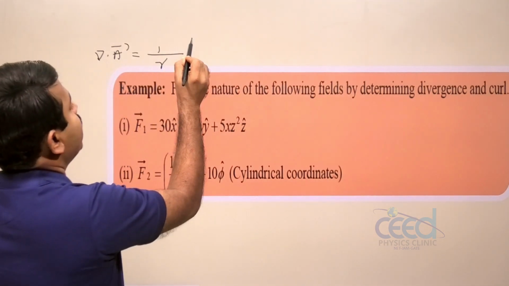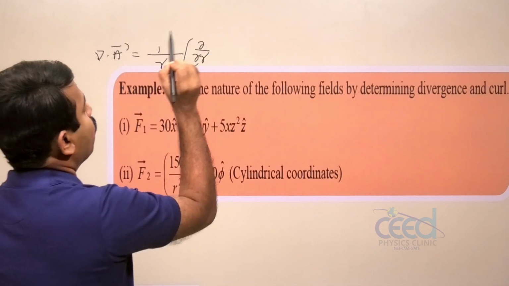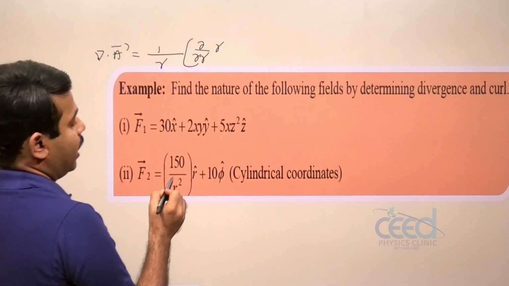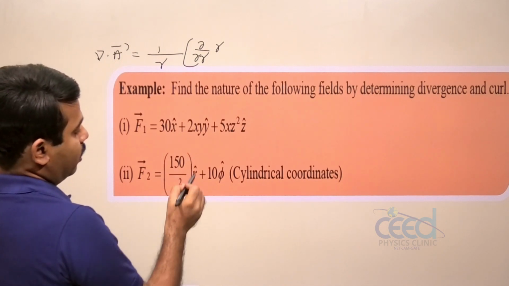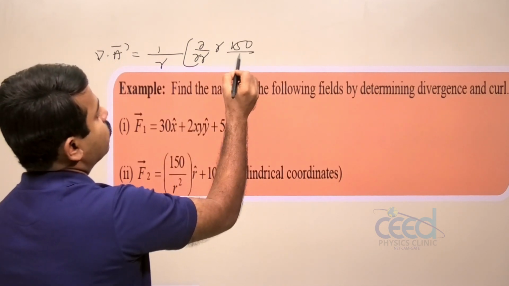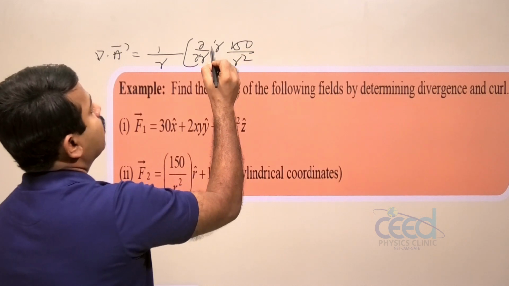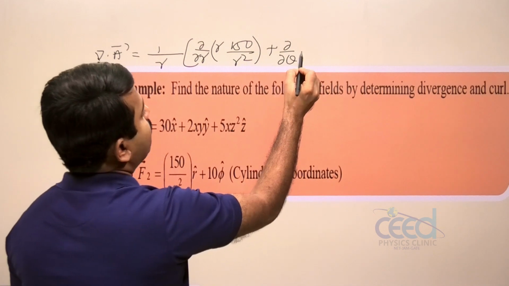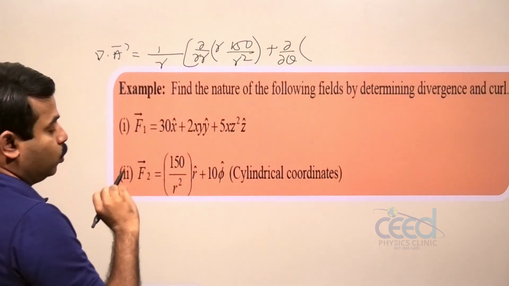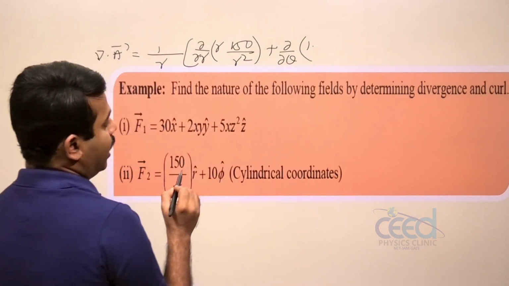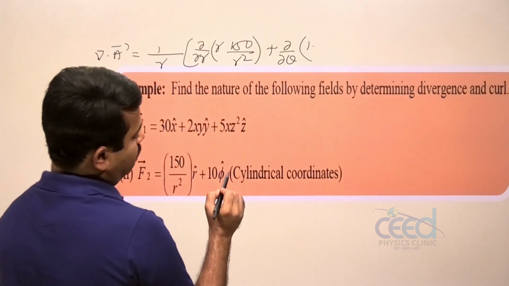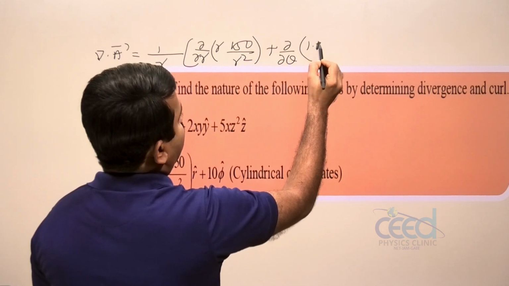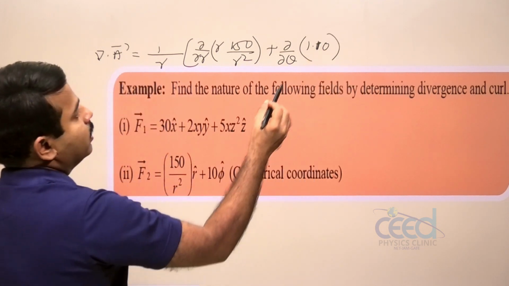So we can write 1 by r, then dou by dou r of h2 h3, that is again r, times the r cap component Vr, that is 150 by r square, plus dou by dou phi of h3 h1, that is again 1, and phi cap component is 10.